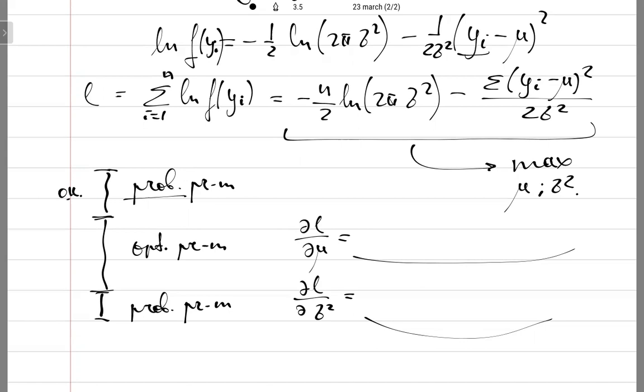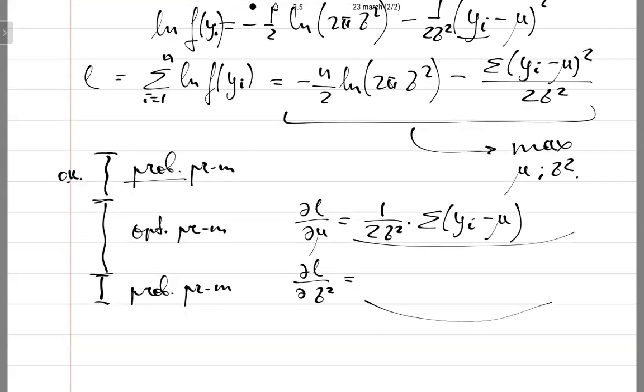Yeah. Here the first part will disappear, and we will have 1 over 2 sigma squared, sum of y minus mu. If we take dl d sigma squared, it's a little bit more difficult. We have minus n over 2 times 1 over sigma squared, I think plus 1 over 2 sigma squared squared, sum of y minus mu squared.